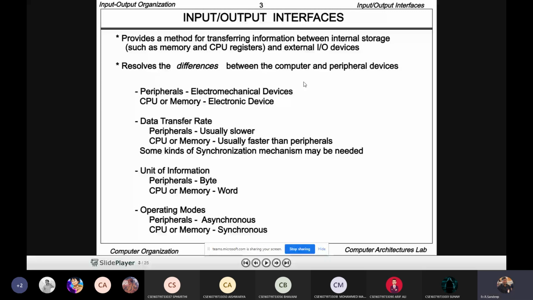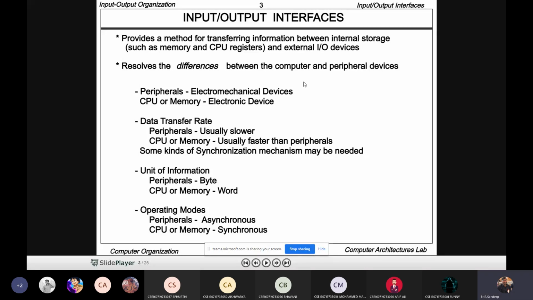And there is a lot of difference between the computer and the peripheral devices. For example, all the peripherals will be implemented as electromechanical devices, a combination of electronic and mechanical.